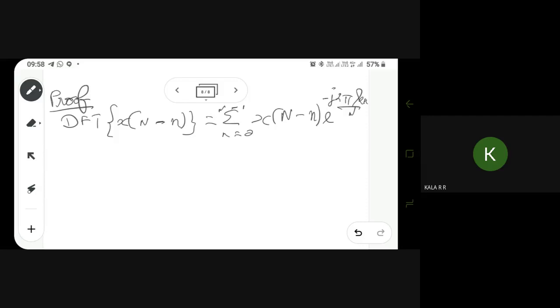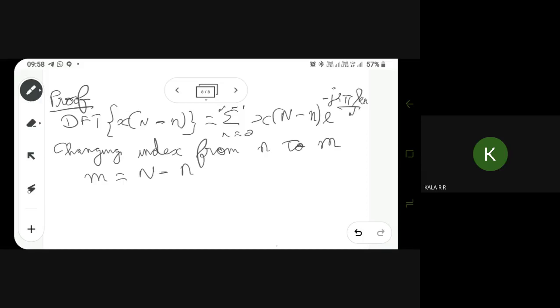Okay. So now what we'll be doing is changing the index. As per your time reversal, we're just changing the direction. So changing the index from n to m, where m in general will be N minus n.